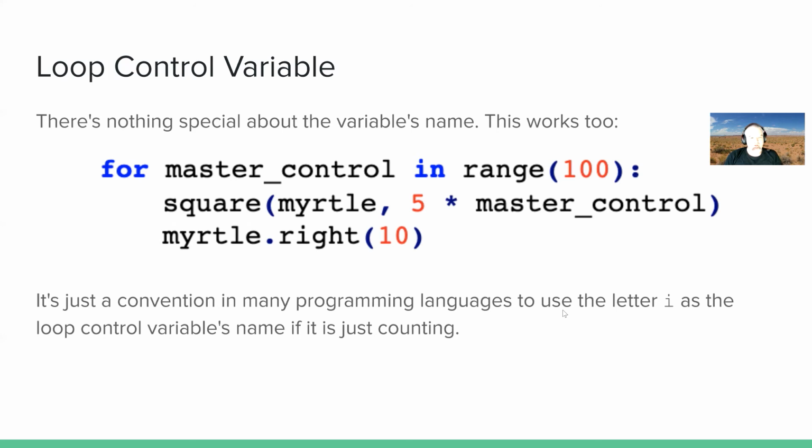All right, so like I mentioned, your loop control variable doesn't have to be i. It can be whatever you want to call it. So you can call it master_control, and then you do 5 times master_control, which is the same thing as saying, in the previous example, 5 times i, if you're doing for i in range(100). So again, it's just a convention.